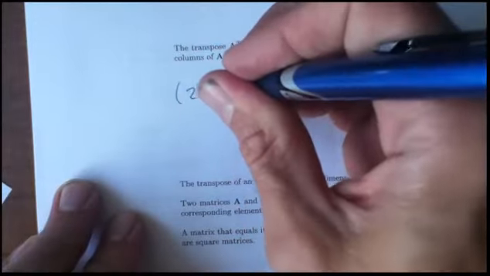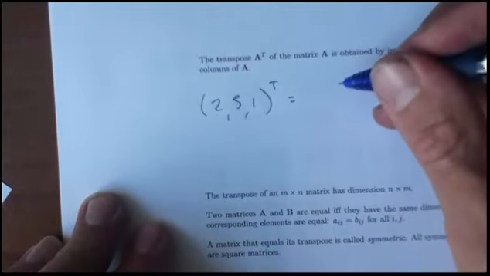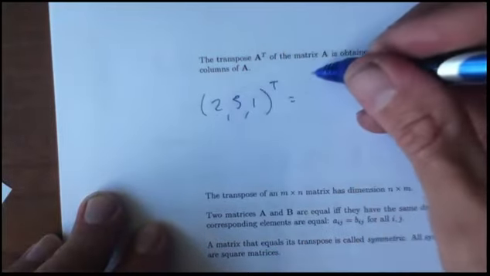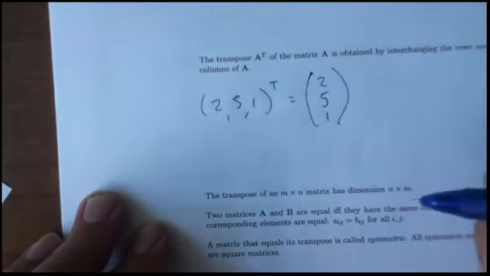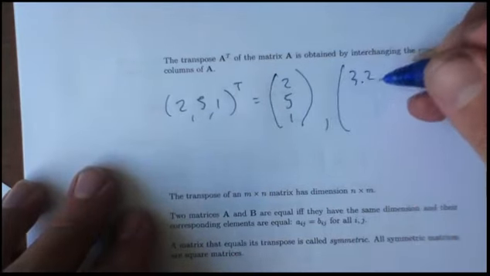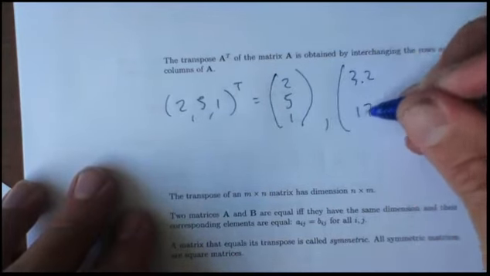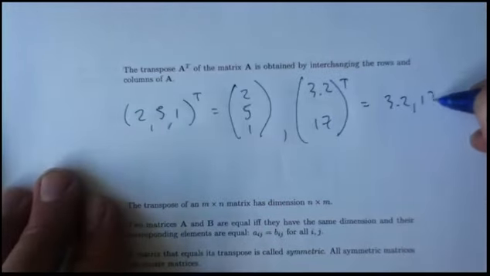Now, the transpose of a matrix A is just obtained by interchanging the rows and columns. So, for example, 2, 5, 1 transpose: if I start with a row vector, it becomes a column vector, 2, 5, 1. Or if I begin with a column vector, 3.2, 17, transpose that, I get a row vector, 3.2, 17.